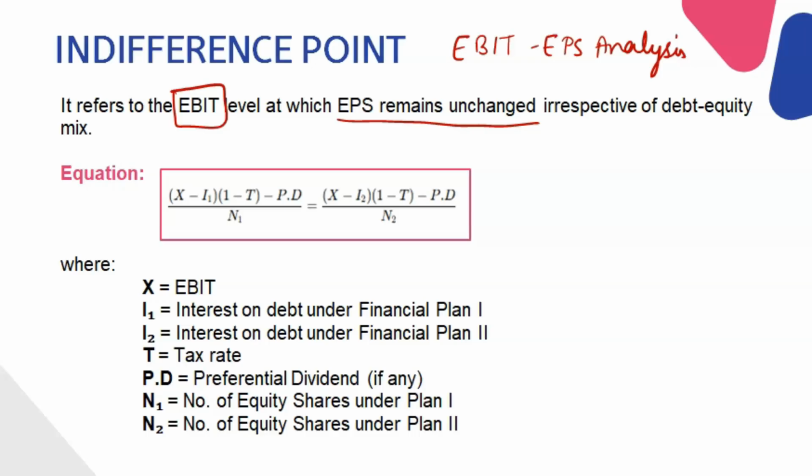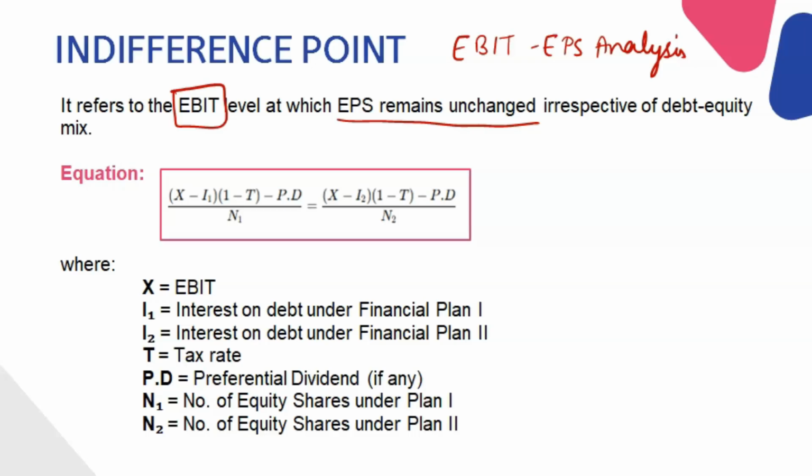No matter which alternative you choose, which capital structure you take, whether it is a mix of debt and equity, or only debt, or whatever, EPS will remain unchanged in all the alternatives. That is known as the indifference point. That point we have to find out.